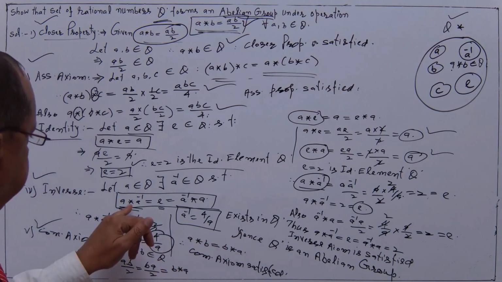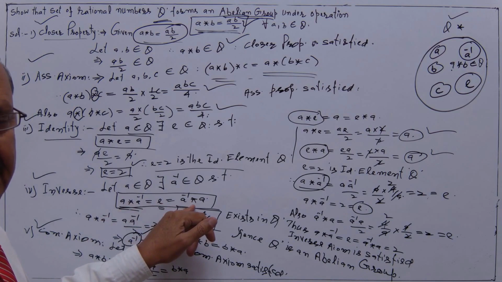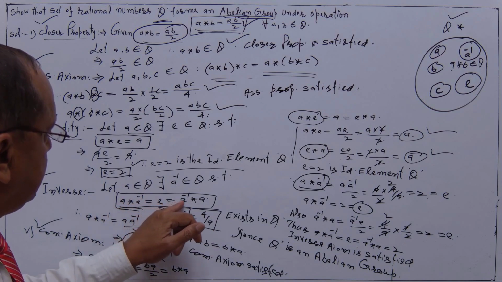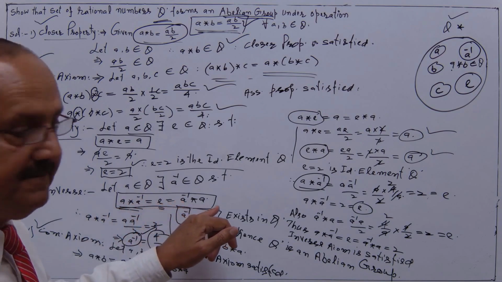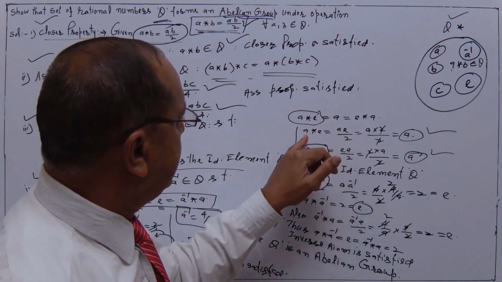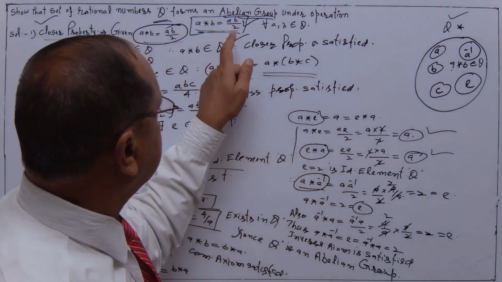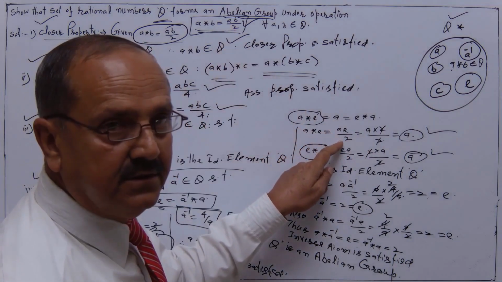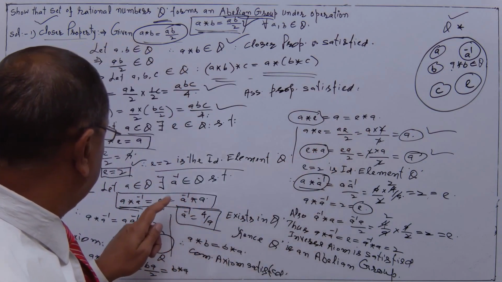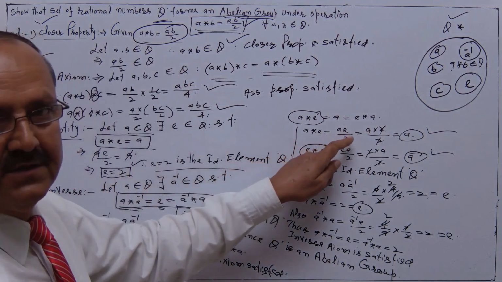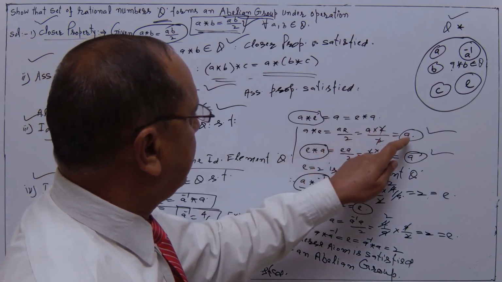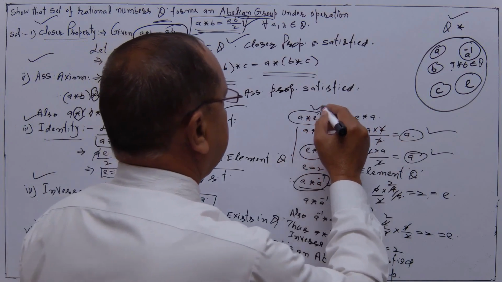Now we have to verify both conditions: whether a star a inverse is equal to e, and this is equal to a inverse star e. First, a star e is equal to ae upon 2, and the value of e is 2, so we substitute it: a times 2 upon 2, 2 and 2 cancel, equal to a. It means a star e is equal to a.